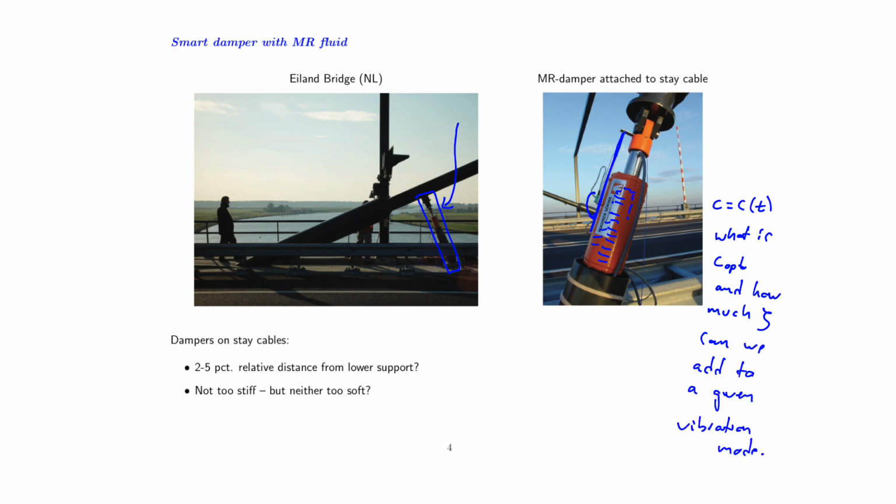So today we will only consider the problem where the damper is supposed to introduce damping to a specific vibration mode. And the damper cannot be too stiff, because then it simply locks the motion of the cable at the damper position. But of course it cannot be too soft either, because then it doesn't really provide any forcing on the cable. So in between these two, we are looking for C opt.